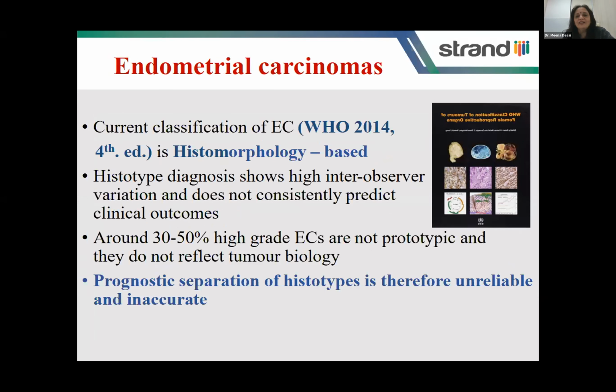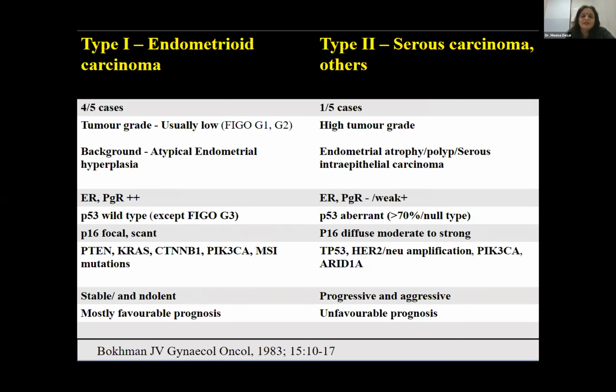It's no shortcoming on the pathologist's side, but 30 to 50% of high-grade disease is not prototypic and does not reflect tumor biology. So prognostic separation of histotypes is therefore unreliable and inaccurate.